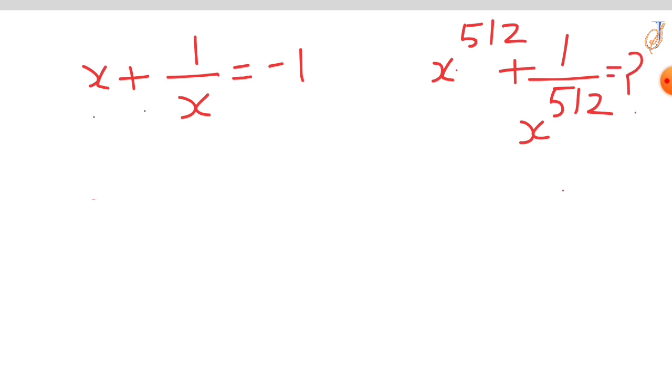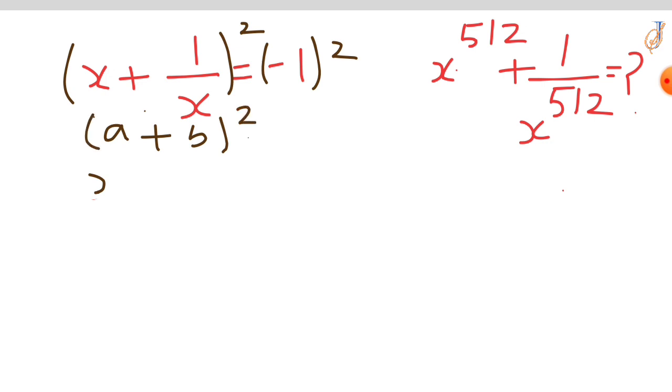Given x plus 1 by x equals minus 1, if you square both sides, the left hand side is in the form of (a plus b) whole square. The formula is a square plus b square plus 2ab.